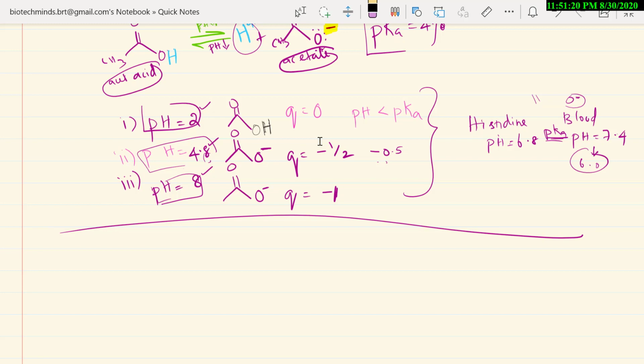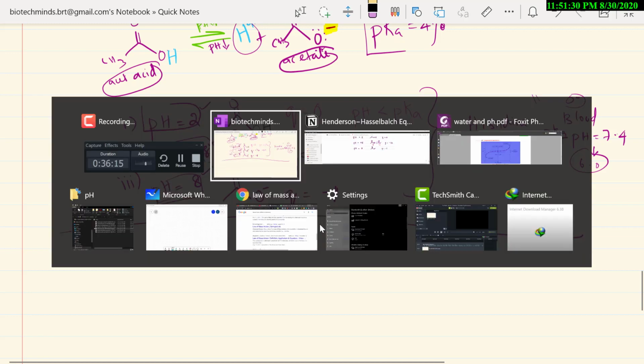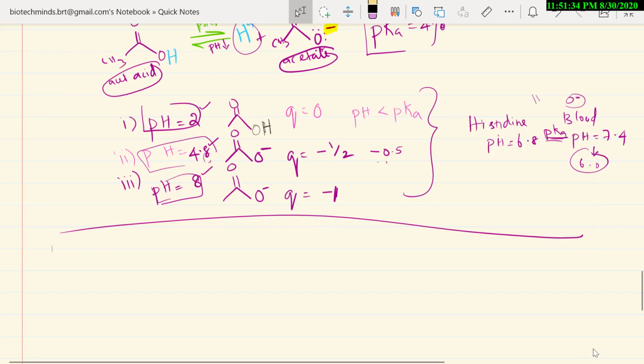Now what is this Henderson-Hasselbalch? To conclude, I have to say something about them because they are the bearers of this equation. I have explained all the equation part, but I have not mentioned their role. So let me tell about their role now.